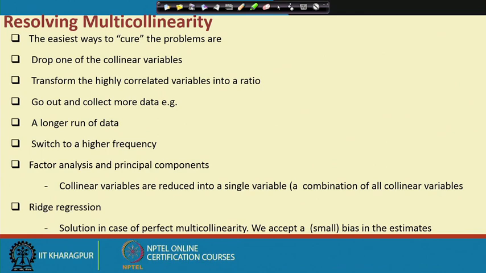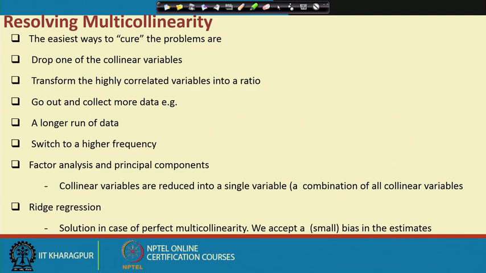And sometimes we can use different techniques like factor analysis and principal component analysis, because these are techniques we usually use when there is a multicollinearity problem. Usually factor analysis is applied when the structure is k greater than n, that means the number of variables is larger than the sample size. So we use factor analysis to transform such an environment.